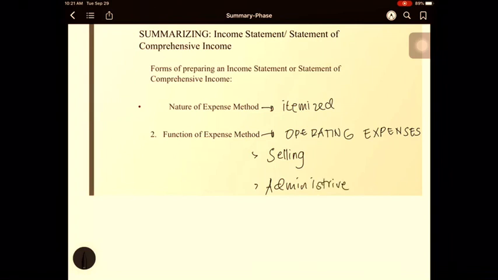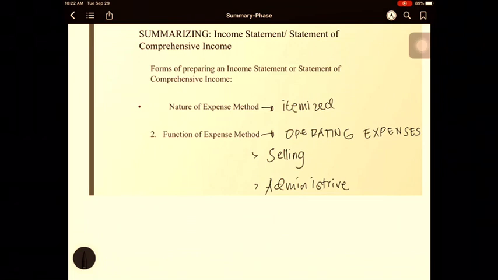Selling expenses are also called distribution expenses, so you may present them as selling and distribution expenses. Administrative expenses may also be presented as general or administrative expenses. So that's the simple way to distinguish between the nature of expense method and the function of expense method. So how are we going to present the expense accounts in the income statement or the statement of comprehensive income?